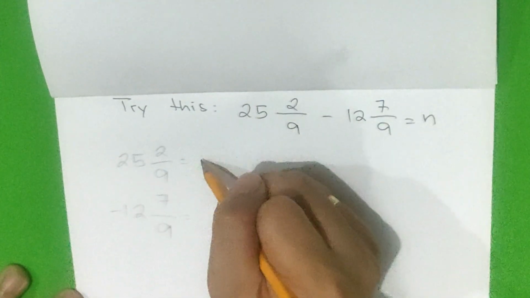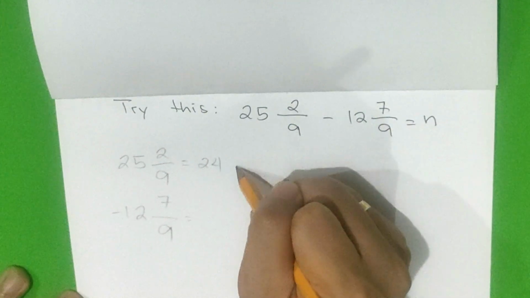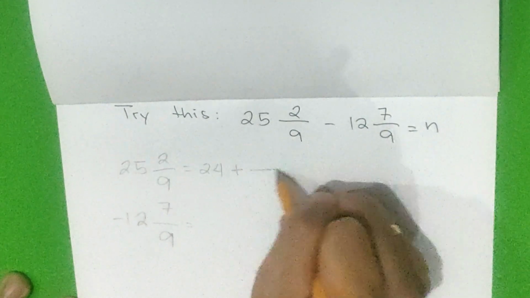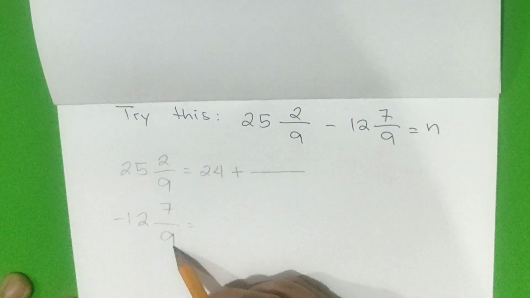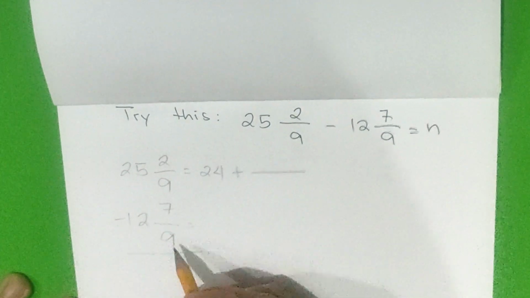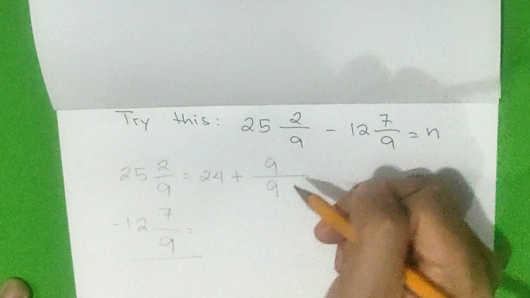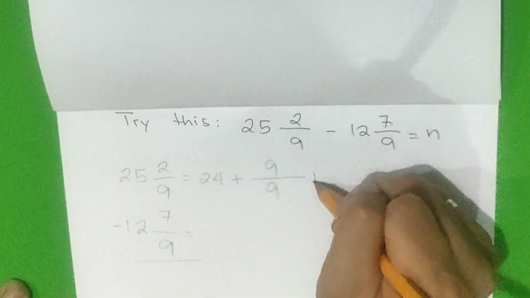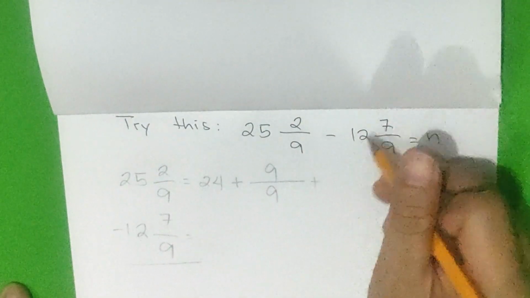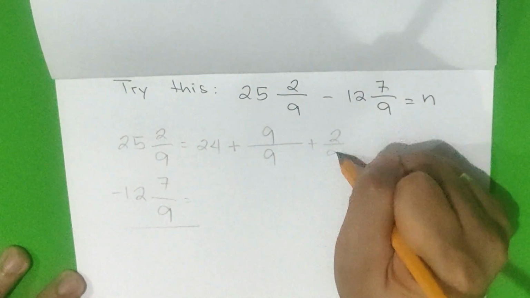So 25 now becomes 24. Let's write an addition sign and copy the denominator 9 of the subtrahend as a numerator and a denominator. Then let's add the original proper fraction, which is 2/9.